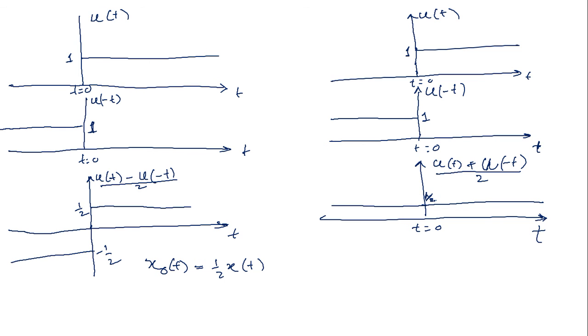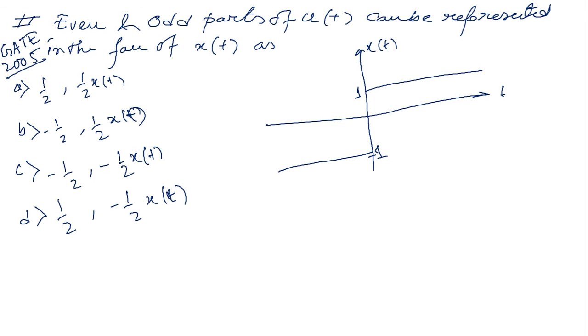So the value of this signal is half, a constant. So two values we have got: x even of t is equal to half and x odd of t is half of x of t. So which option is correct? Out of these, A is the correct option.